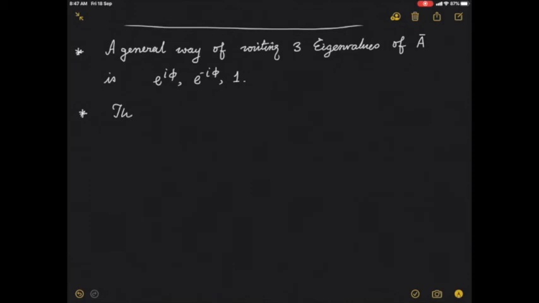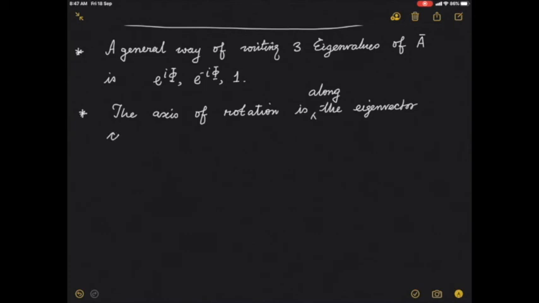So this is one point that we have got so far. The other thing is that the axis of rotation, which I will write as capital phi with those bars at the ends, is along the eigenvector corresponding to the eigenvalue 1. That also you have seen.